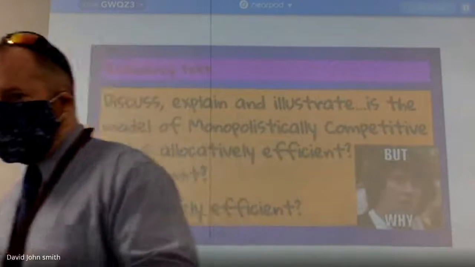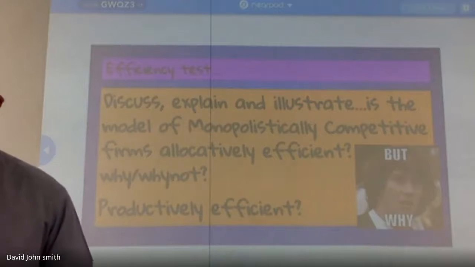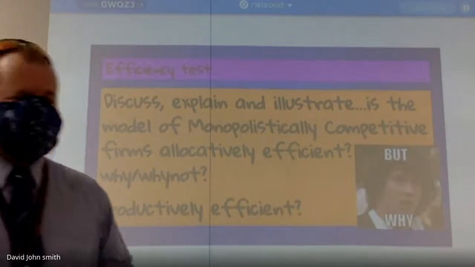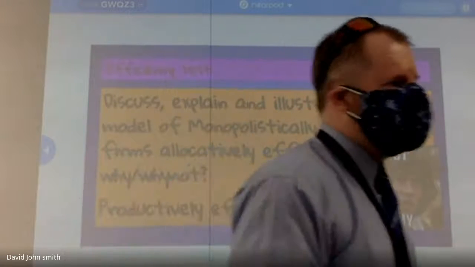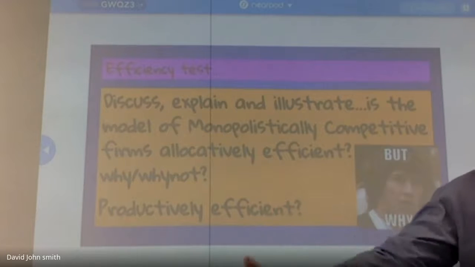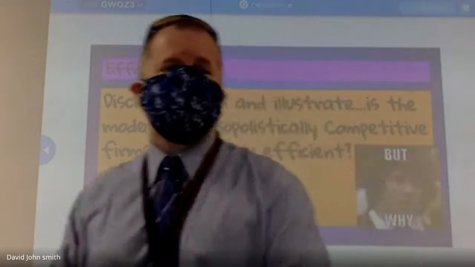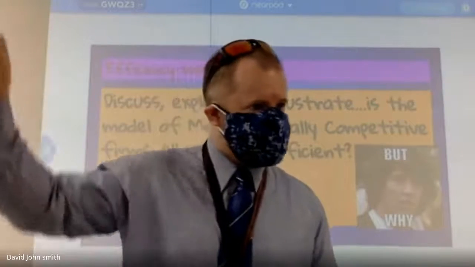Where supply equals demand. We know that a perfectly competitive firm operates where supply is equal to demand, so we would suggest, in theory, that it is allocatively efficient. Every other model, therefore, isn't allocatively efficient because they're not operating where supply equals demand. So you're going to have areas of allocative inefficiency, you're going to have deadweight loss. You need to identify the arrow pointing towards the equilibrium, supply equals demand.